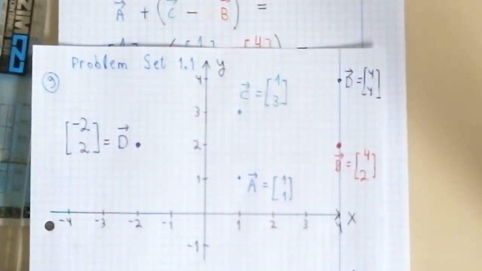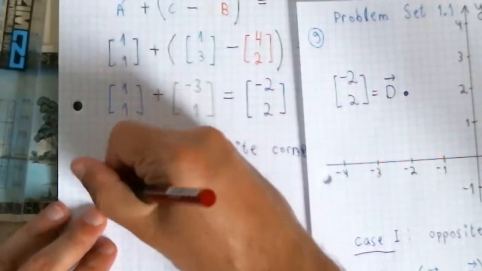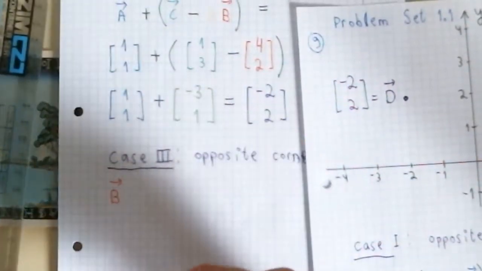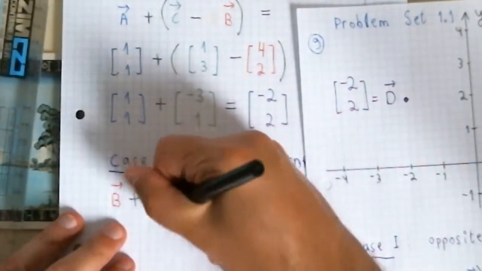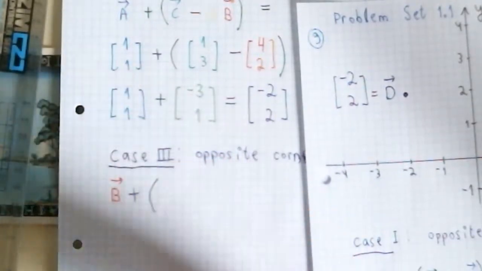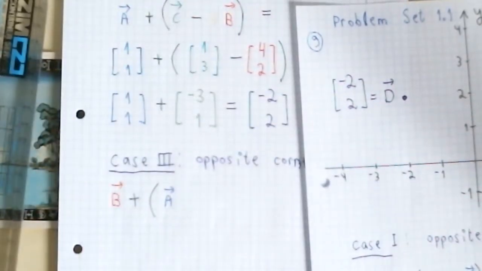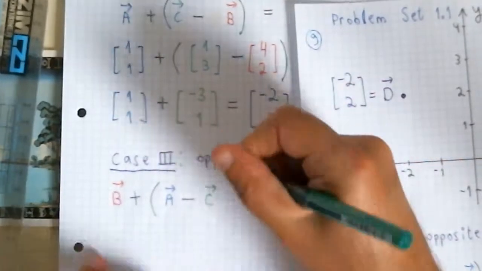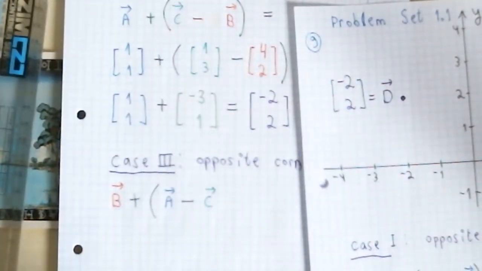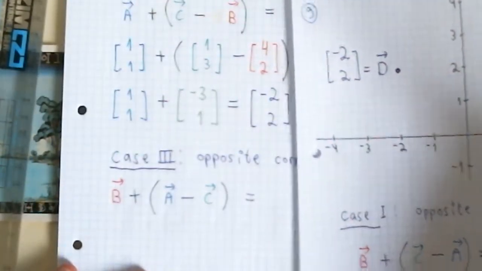Okay, so we start with B. Plus, and in parentheses, A minus C. Close parentheses, equals. Now we don't need the drawing anymore.